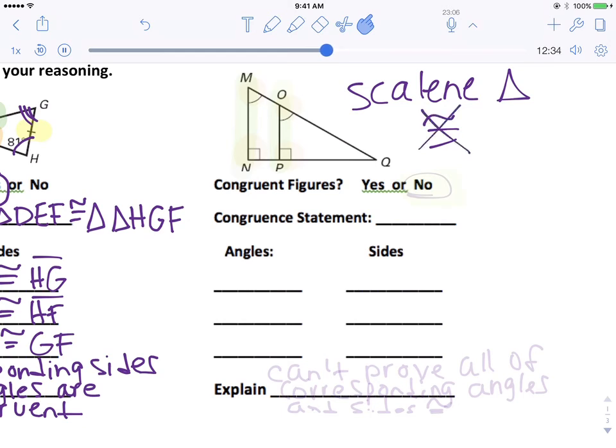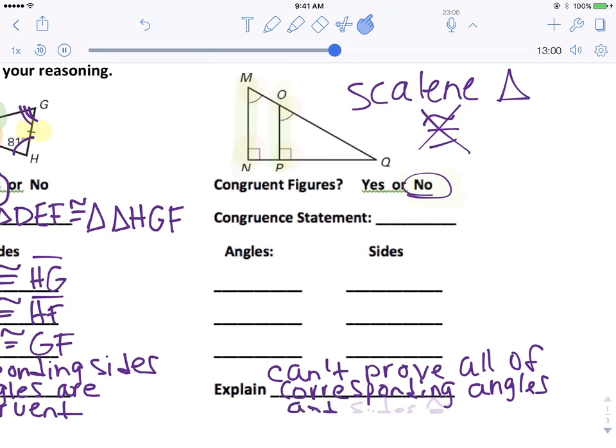So when we look at that, we have to say, no, this is not congruent. These two triangles are not congruent to each other because we can't prove all of the corresponding angles and sides congruent.